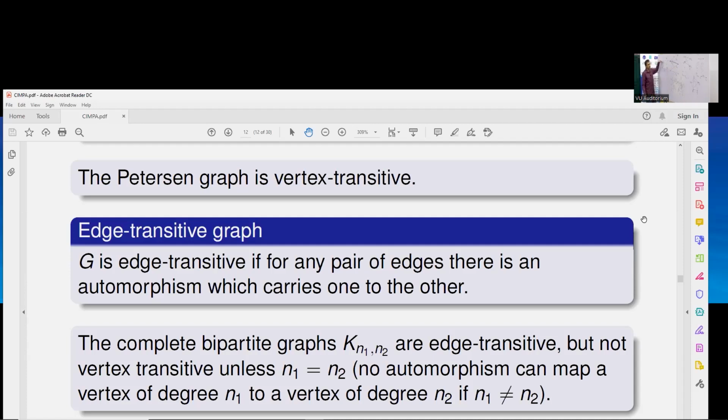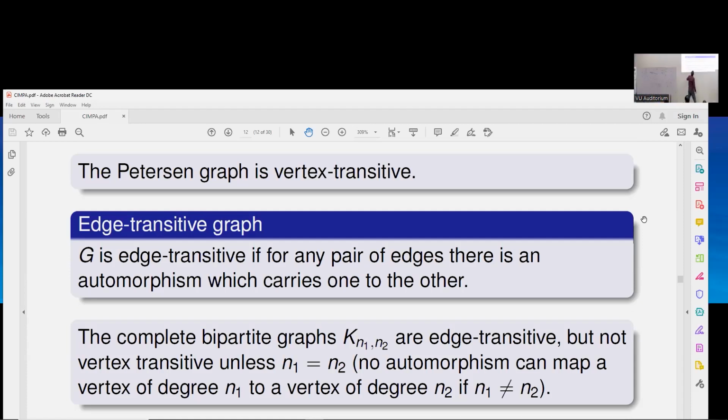E22 must come to this place, there is no other way. Then we can go in any way with E21 and E23. Again, you can check that any two edges which are incident here are also incident in the next graph. So the graph is edge-transitive.